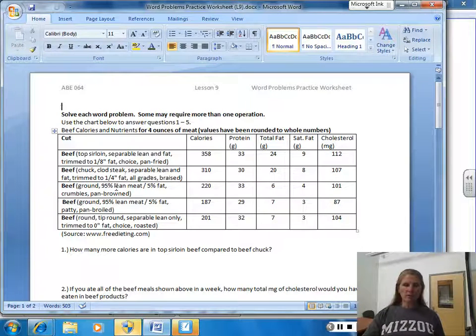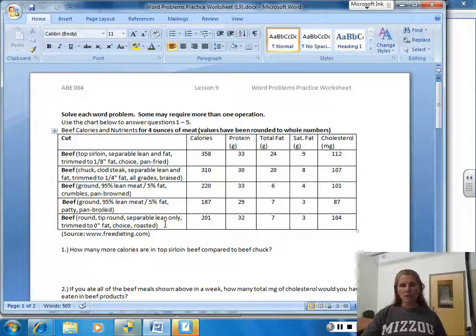Beef ground, so ground beef in crumbles, pan browned. And then ground beef that you pan broil. When you broil something, more fat drips out, so you think there's a little less calories going on in there. Beef round tip round, all the fat's trimmed off of it and it's roasted.